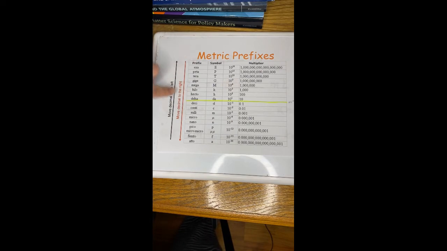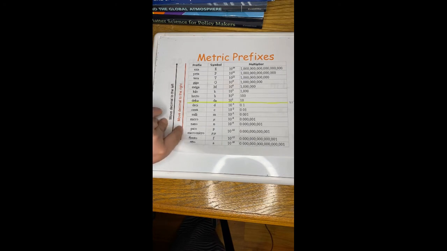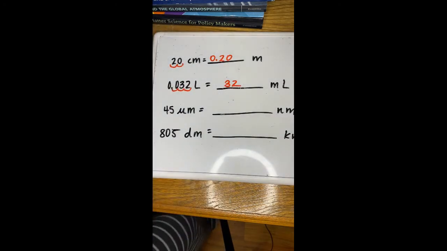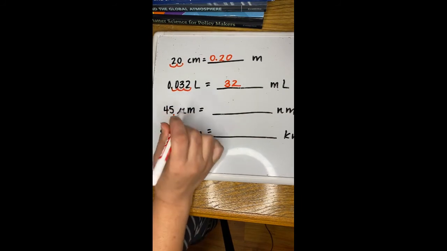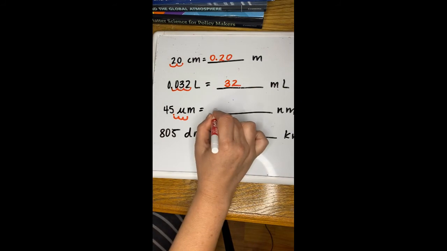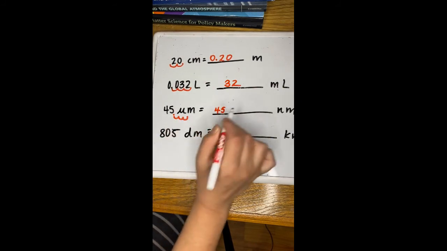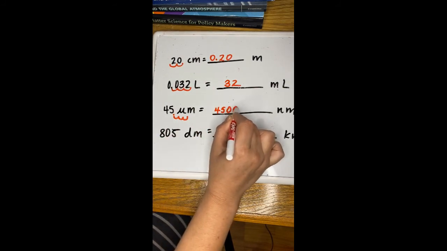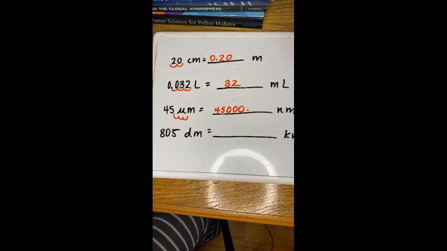And since we're going down, we're going to move the decimal to the right 3 spots. So the decimal right now is here. So we're going to go 1, 2, 3 spots. Anywhere there's a gap, we have to put a 0. Now the decimal's there. 45,000 nanometers.